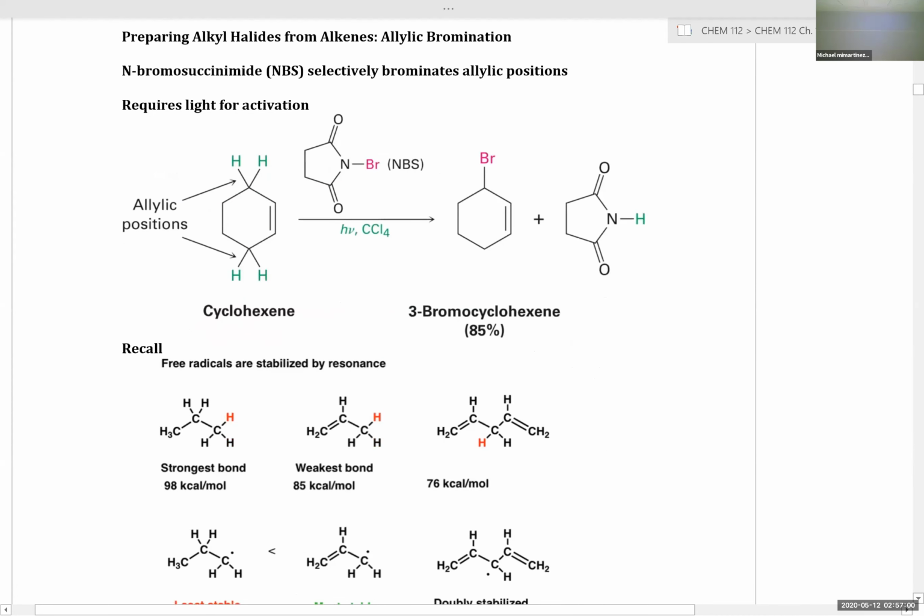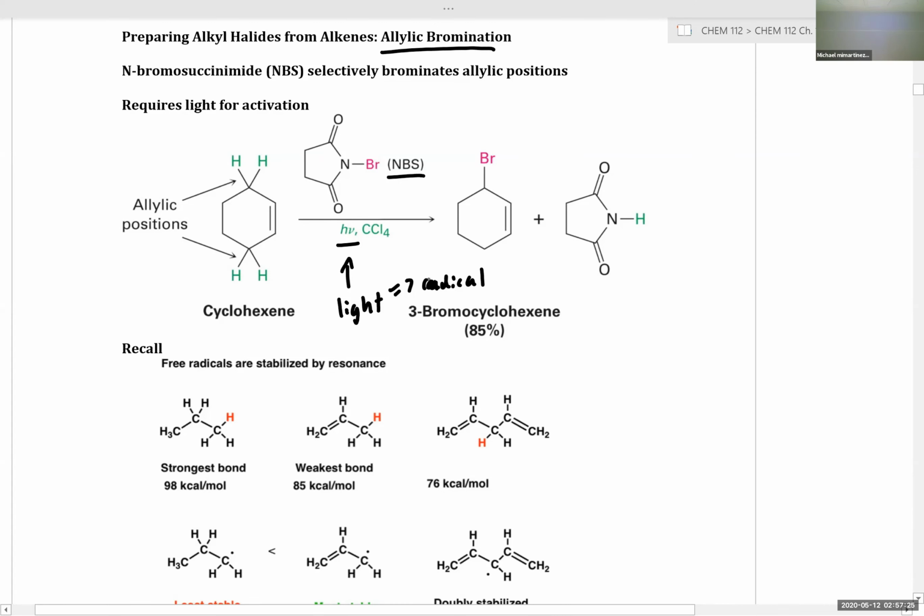Okay, so in terms of how we make alkyl halides from alkenes, a nice go-to method is allylic bromination. So if you add N-bromosuccinimide and light, the light indicates that we are functioning through a radical mechanism in most cases.